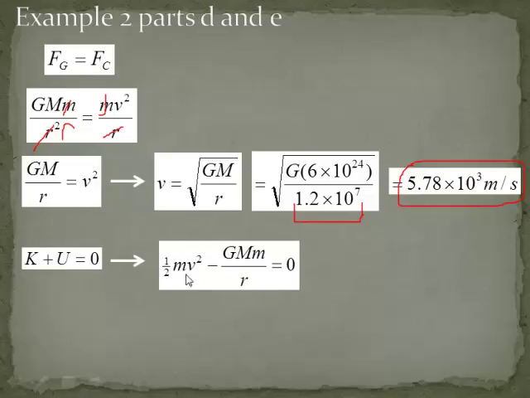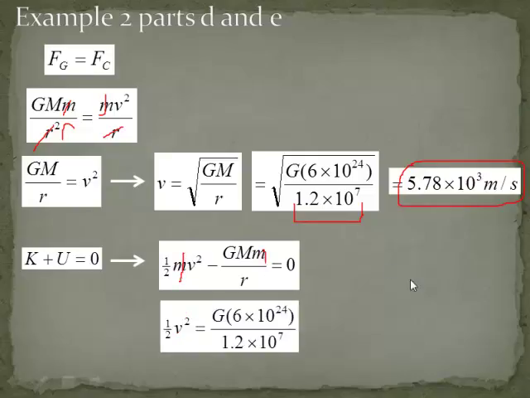So if we divide all of the sides by m, the m's go away, and we end up with 1/2 v squared equals G times 6 times 10 to the 24. That's the mass of the Earth. And then r is the distance between the spacecraft and Earth's center. We solve that for v, and we get 8.17 times 10 to the third meters per second. So that's the speed that you would have to give the spacecraft when it's at that point in order to get it to completely escape from Earth's pull.